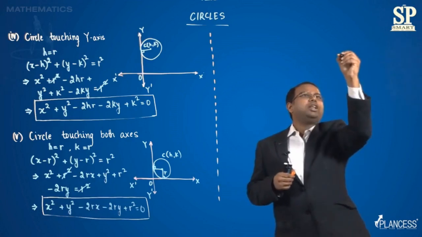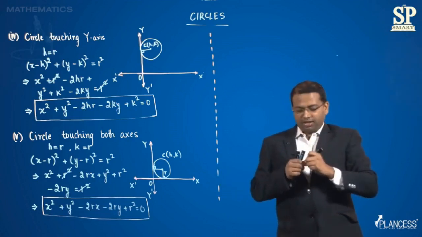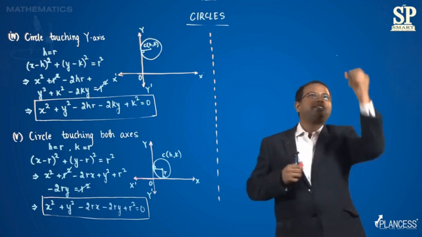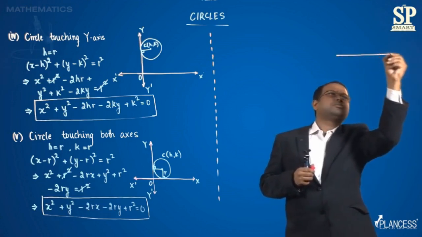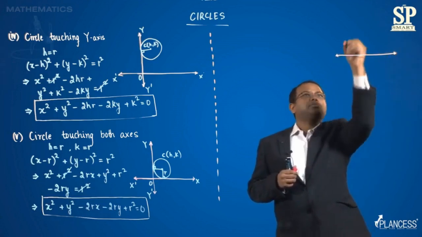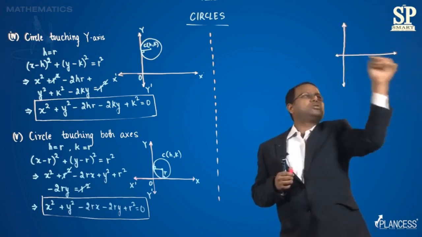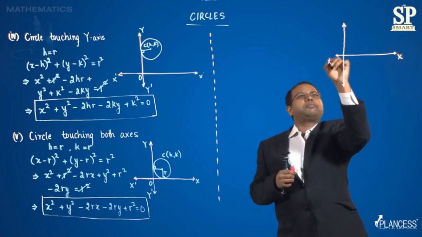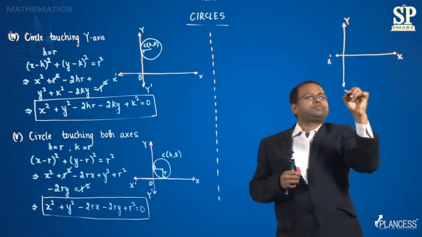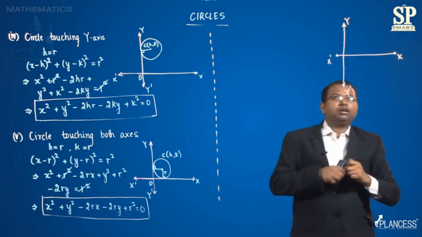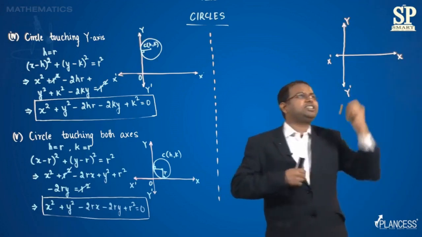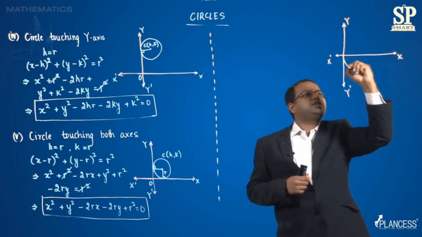So here let us first draw our coordinate axis. And let us say our circle is this circle.